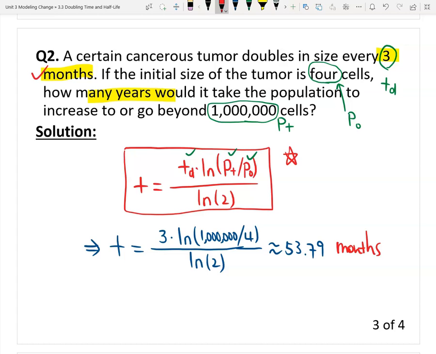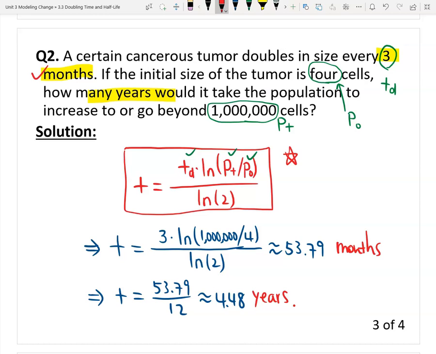Keep in mind that now we have to change the months to years to find the answer. So t equals 53.79 divided by 12. You do the calculation. See what do we get? We get 4.48. Okay, so now the unit is years. That's the one we need.